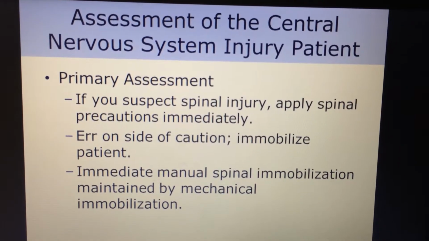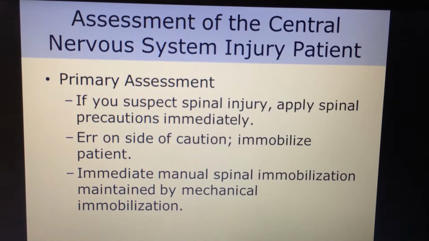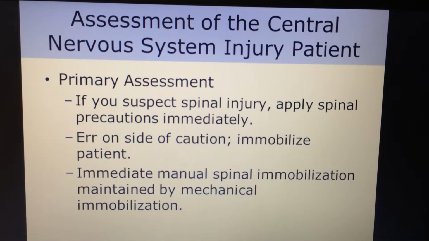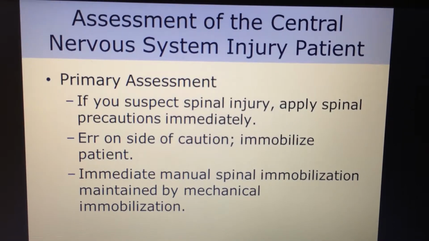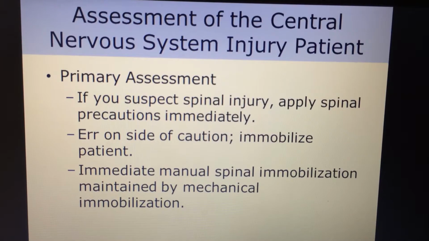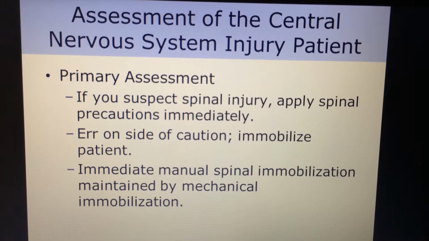Remember, blunt injuries versus penetrating injuries. Blunt injuries definitely will need C-spine precautions. Also, age and the mechanism will be a big factor, whereas penetrating trauma usually does not require spinal stabilization or manual C-spine.